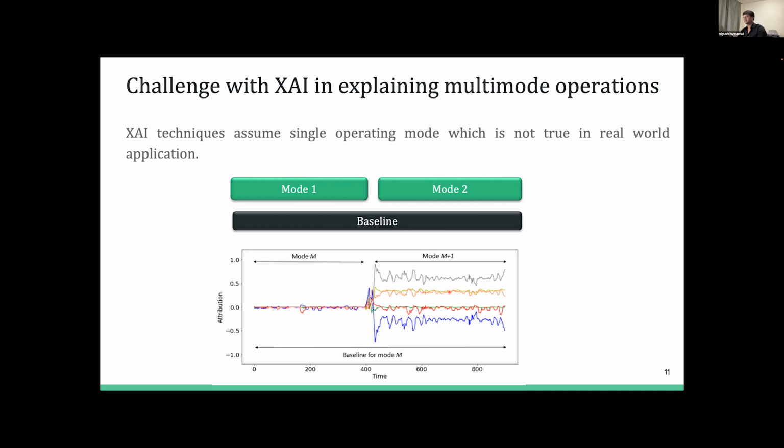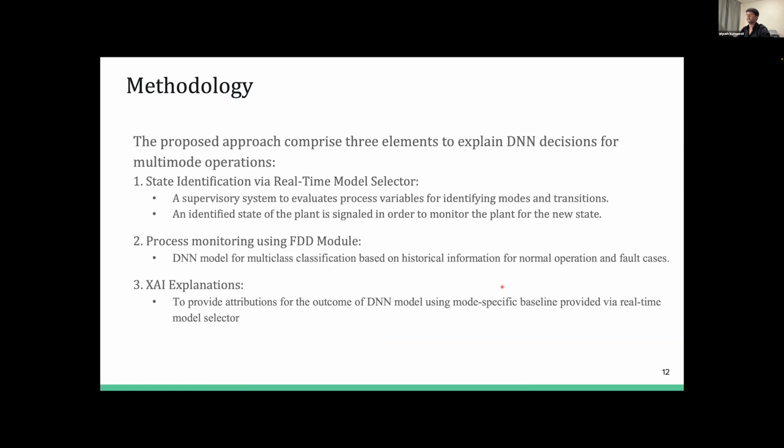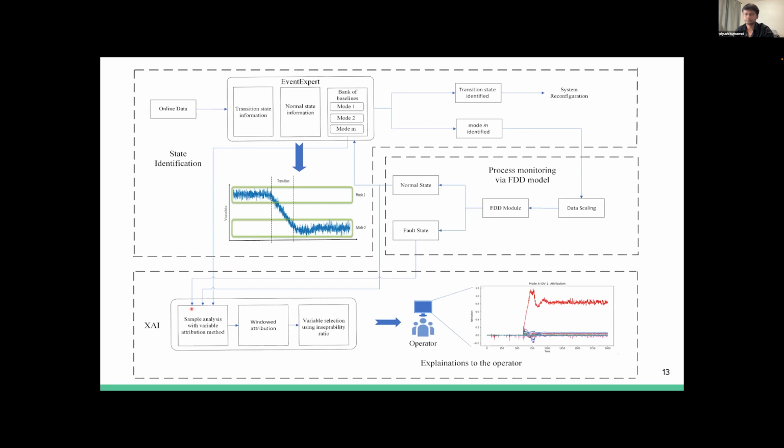So therefore, we proposed an approach using 3 elements to explain a DNN decision for multimode operations. It comprises state identification by a real-time model selector, the FTD module, and then the explanations. Here we have the online data and the event expert.